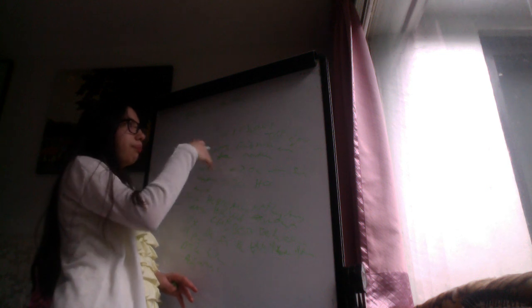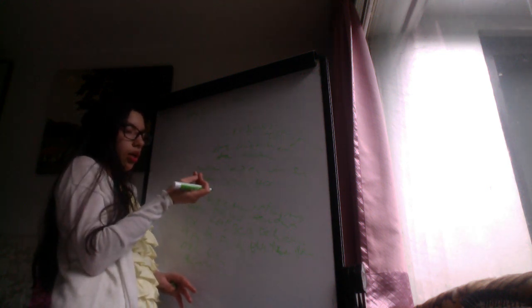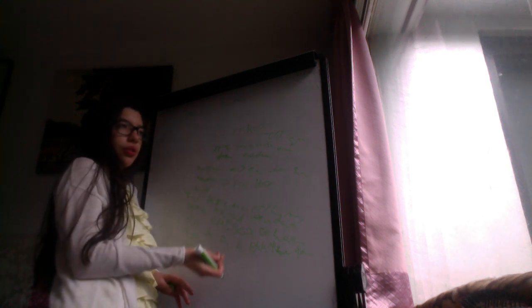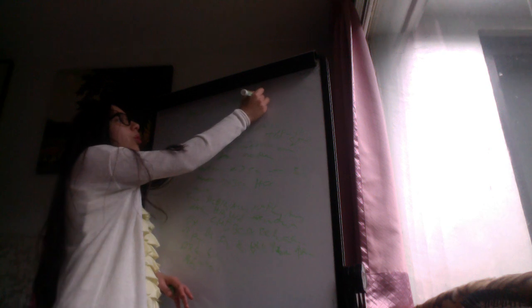The palmar erythema is due to the decreased metabolism of estrogen by the liver and leads to vasodilation, and the purpura is due to thrombocytopenia.